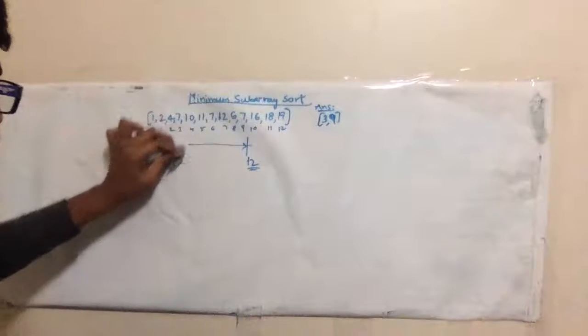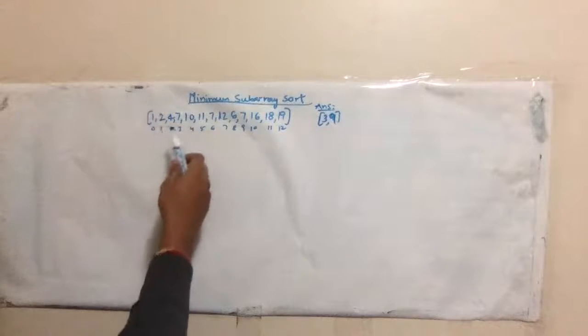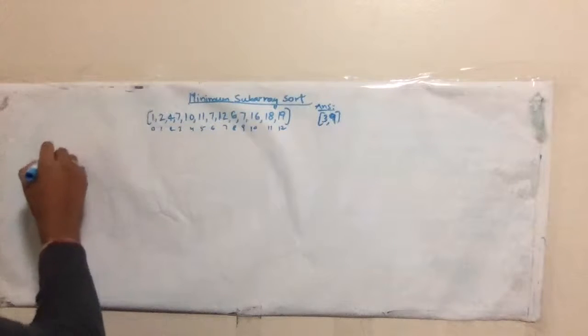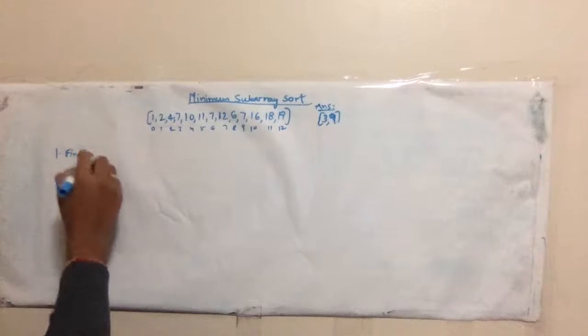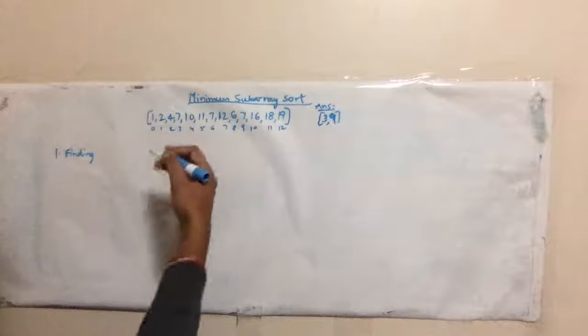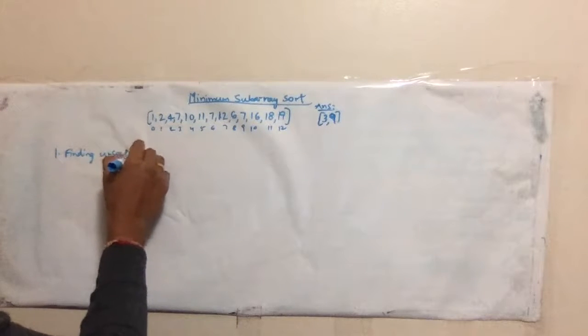is the answer. Okay, so as we talked, the logic here is that we need to initially find the unsorted elements.